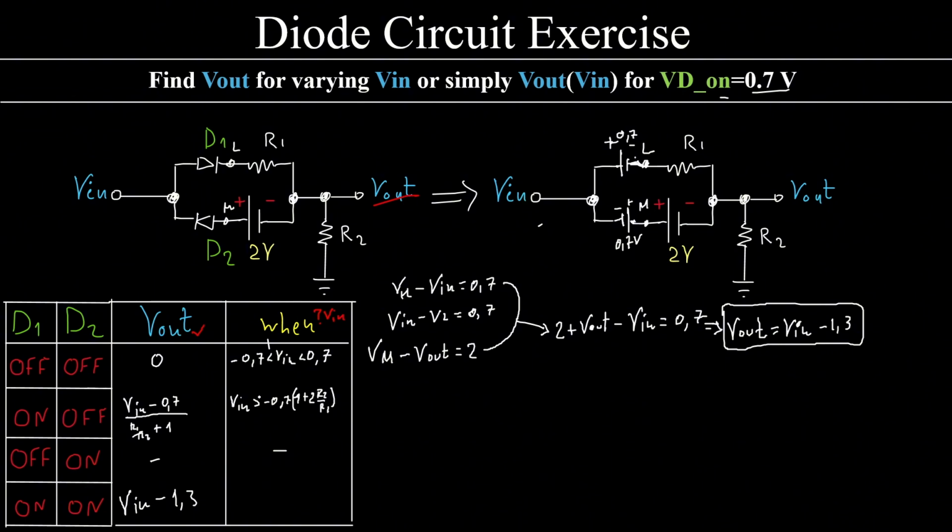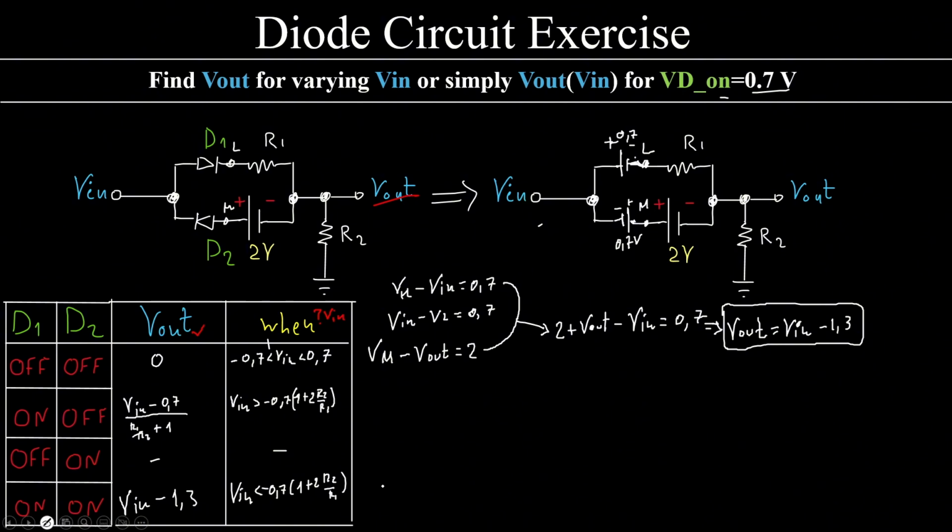What are those cases? Very simply, when Vin is less than minus, then and only then the two diodes will be on and this will hold true.